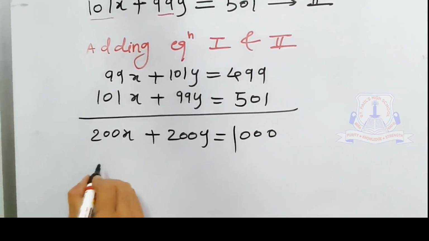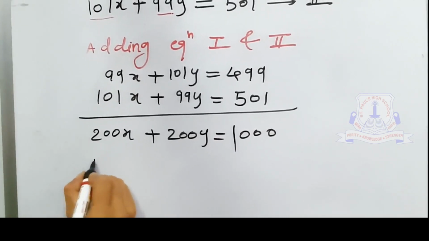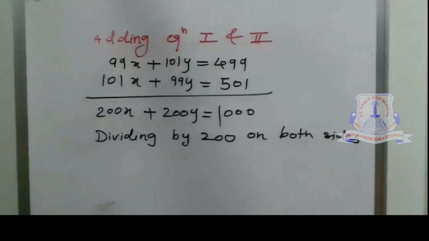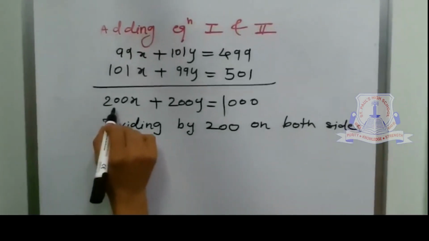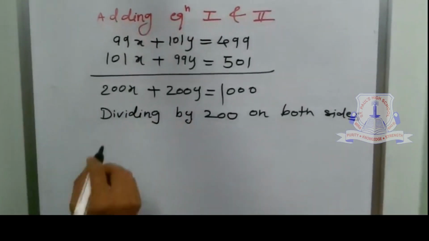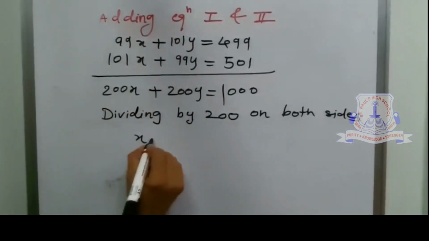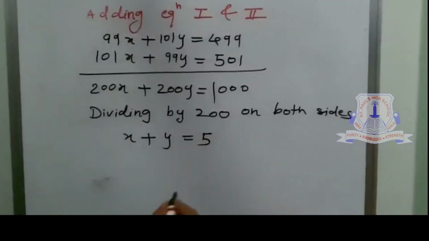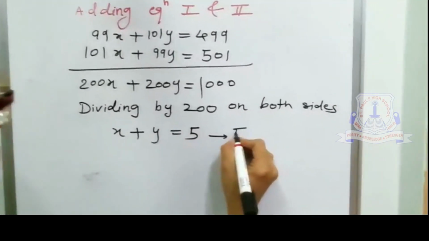So we can divide this equation by 200 on both sides. If we divide, we will get x plus y equal to 5, which is equation number 3.